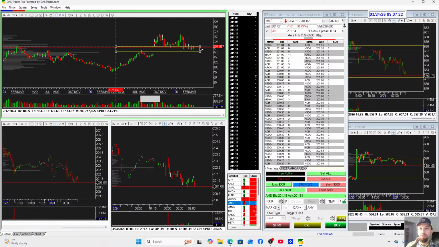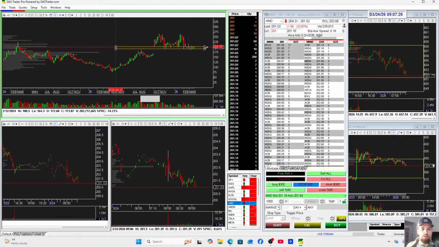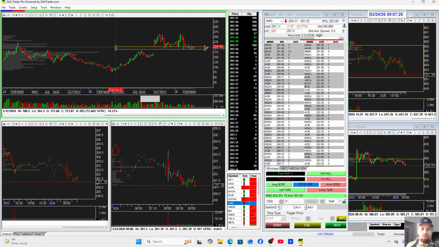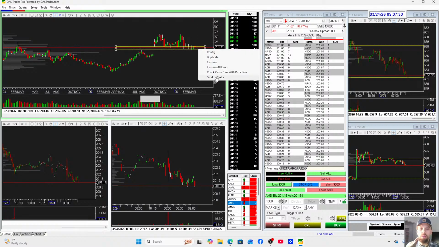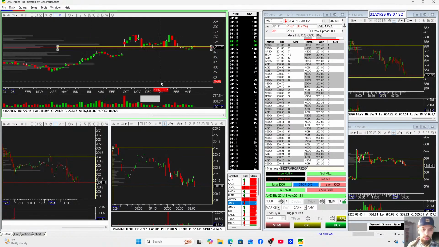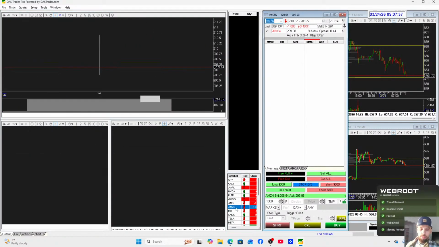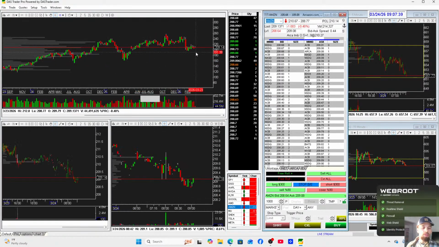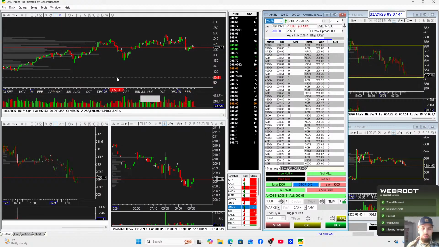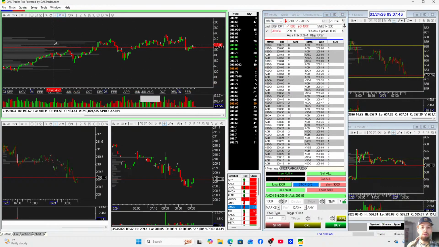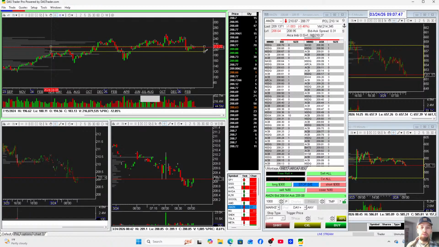Area of resistance, I'm looking at AMD right now, 204 of resistance. Area of support, I'm drawing 191. Amazon been in a bit of a range, going sideways here. 212 of resistance here.